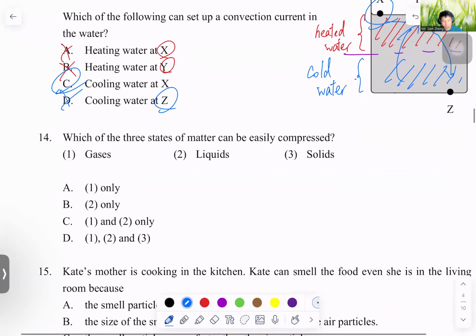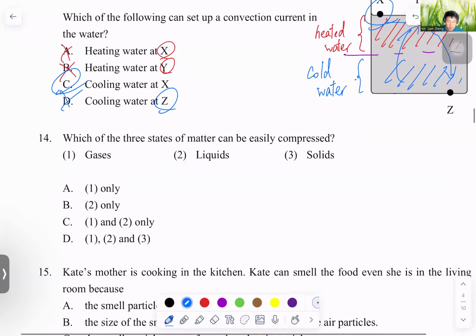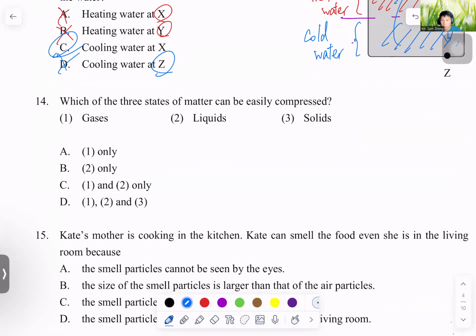Which of the three states of matter can easily be compressed? It would be based on the properties of these three states. Gases do not have a fixed volume, and they also do not have a fixed shape.